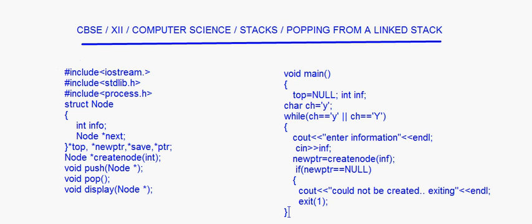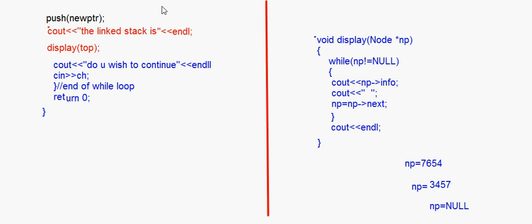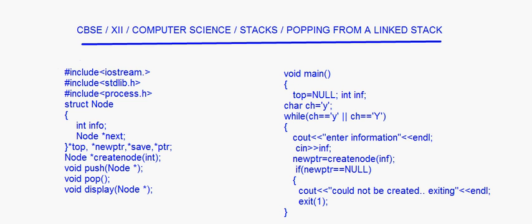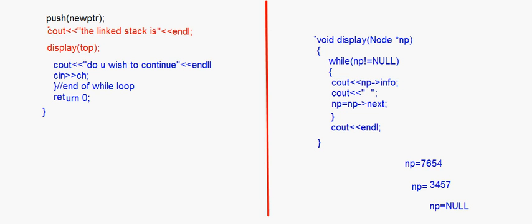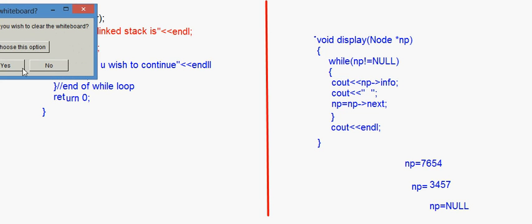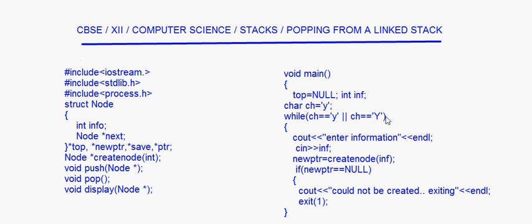Okay, after that, so here, if it is not equal to null, in that case, we call the push method first.